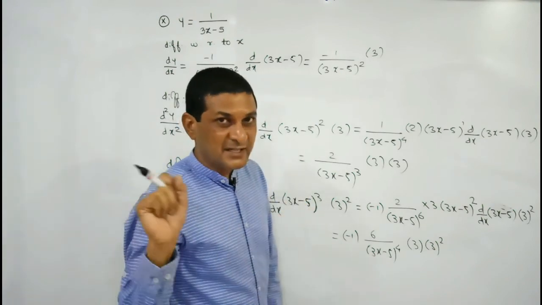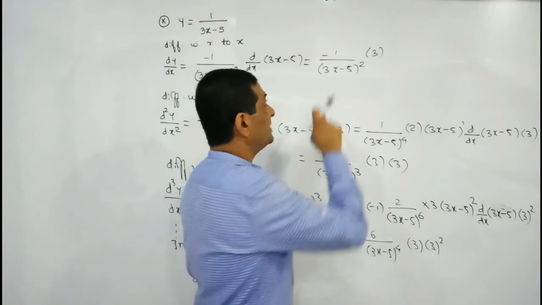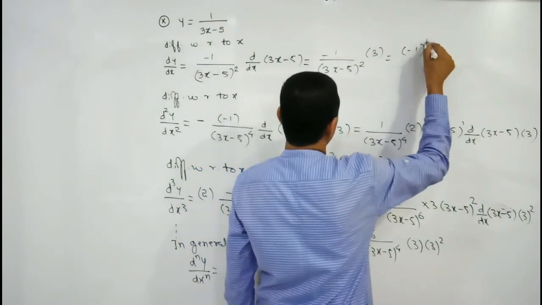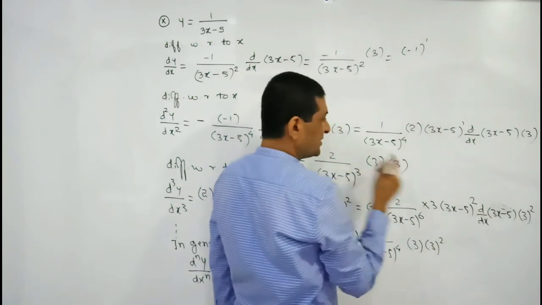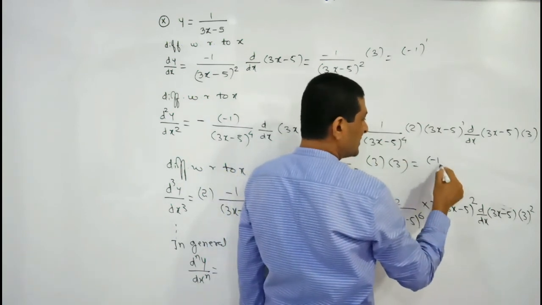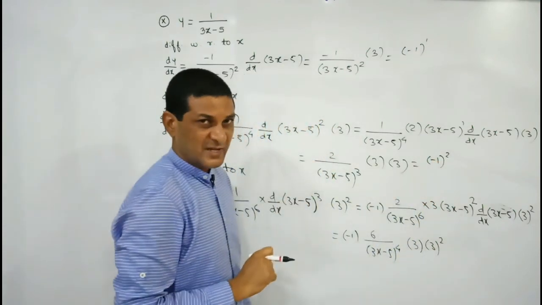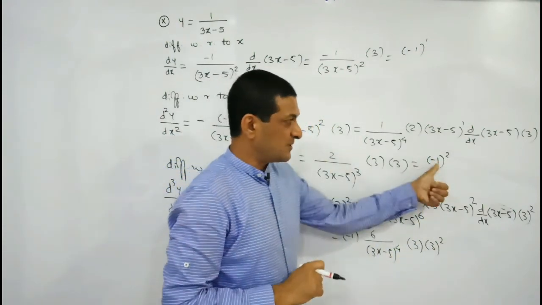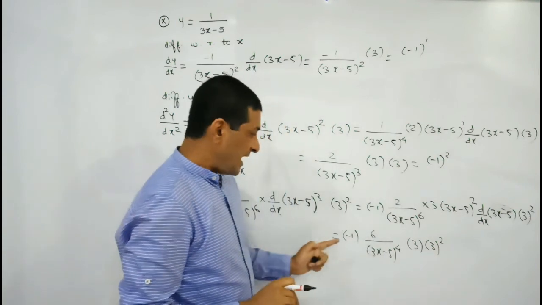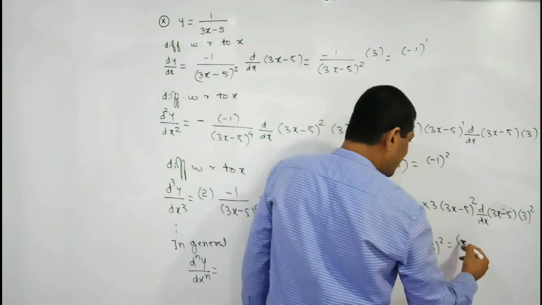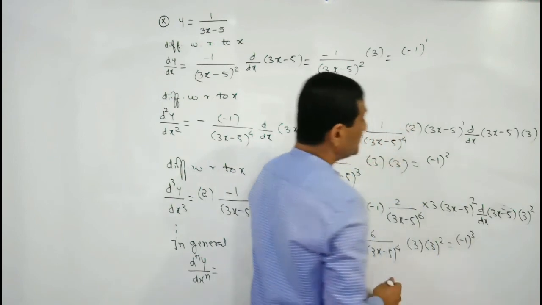So let us first think about the sign. Negative means can I say that it can be written as minus 1 raised to power 1? Yes. Here positive means I can write it as minus 1 raised to power 2, because minus 1 raised to power 2 is plus 1. So here, positive, write minus 1 raised to power 2. Here again negative, so what can we write? Minus 1 raised to power 3. Just observe the power.